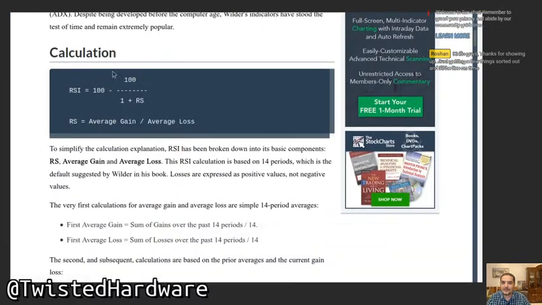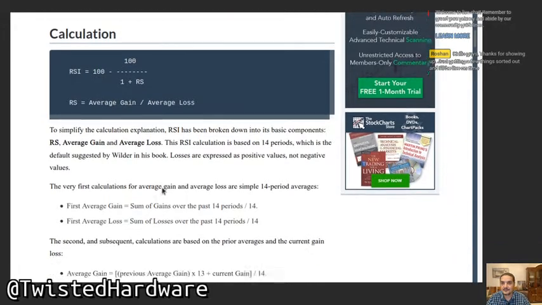So this is the formula for RSI. To calculate RSI, we calculate the RS first, which is average gains divided by average losses. Then we take this RS and plug it into this formula that gives us RSI, which is 100 minus 100 over 1 plus RS.